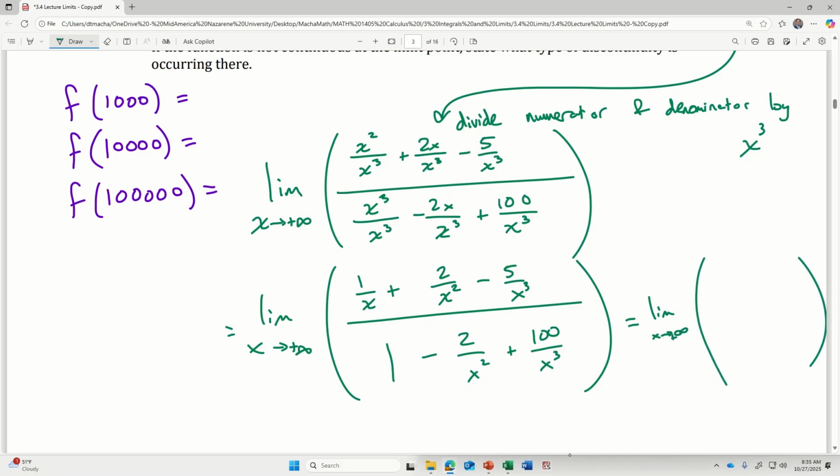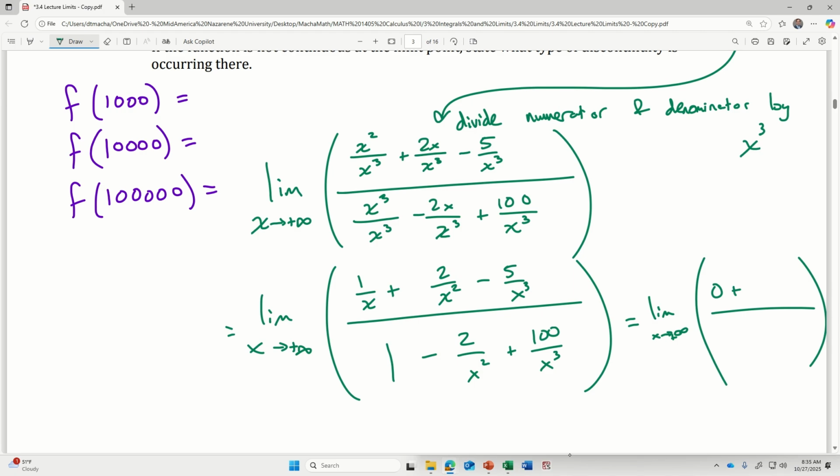And think about what happens to each one of these 6 terms individually as x is approaching infinity. If I let x get as big as it wants to, 1 divided by a trillion, 1 divided by a quadrillion, right? Imagine this x just won't stop growing. That number is approaching 0. So all of these numbers are approaching 0.